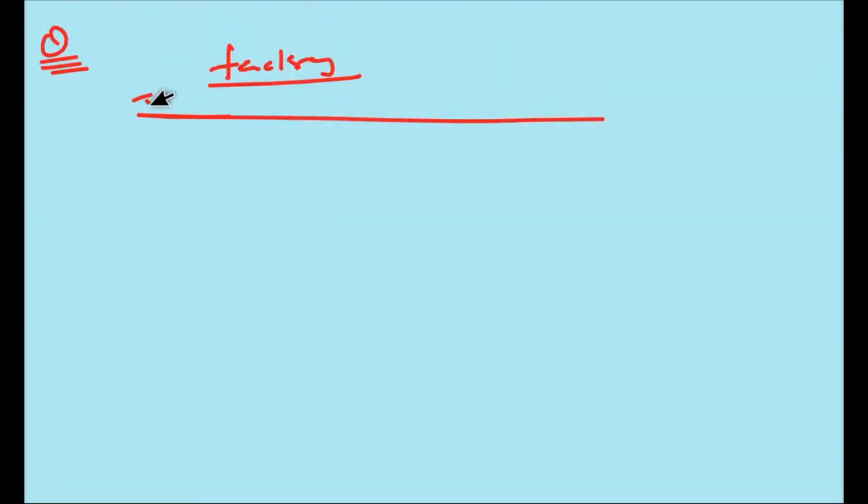Now you can take an example here. Here is a factory, and it runs from January to December. It may be possible that at some time there may be a strike.